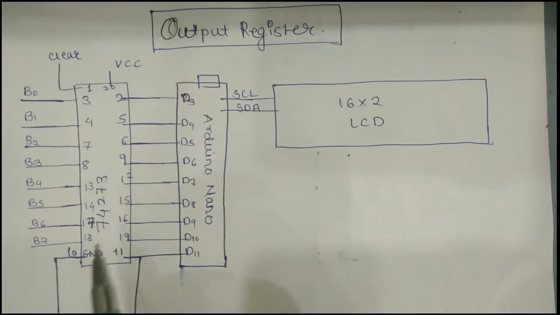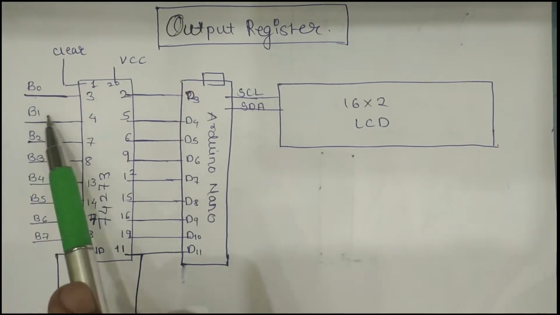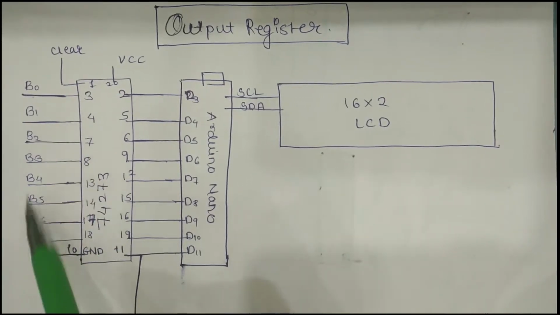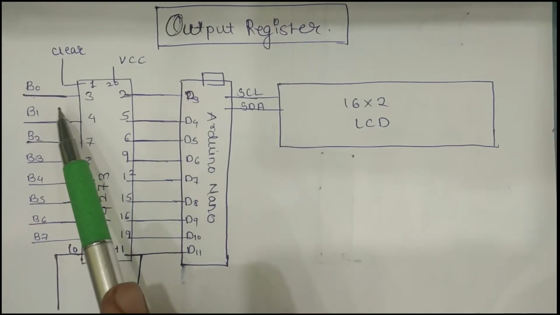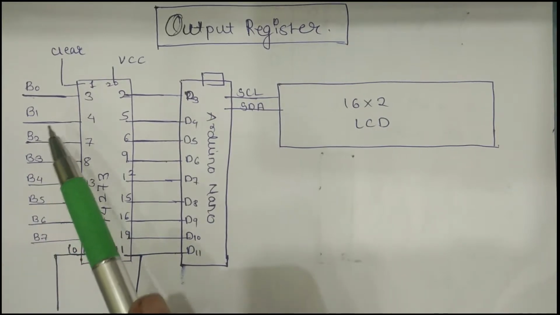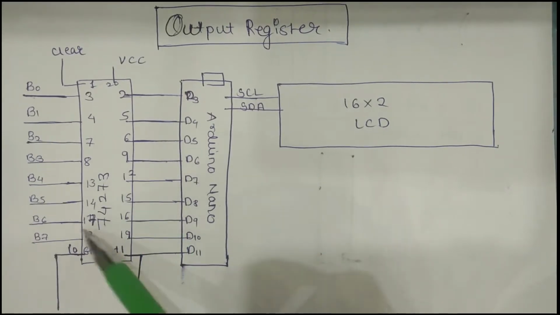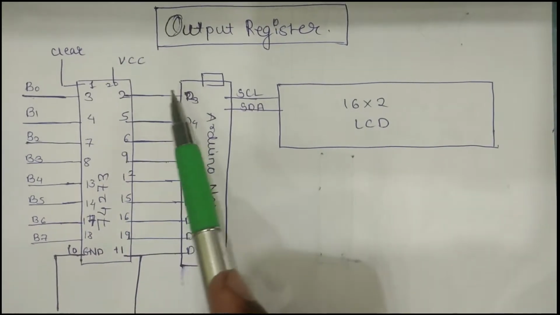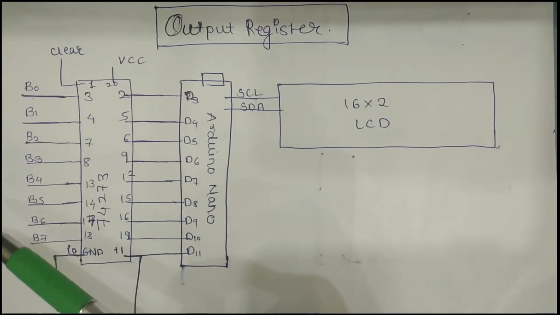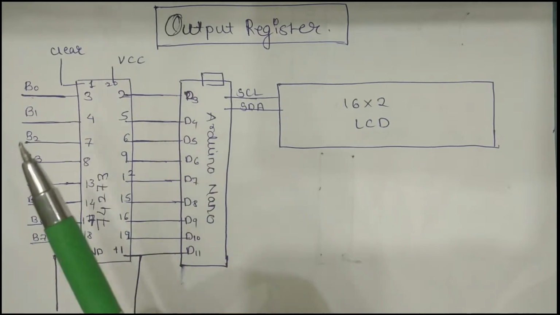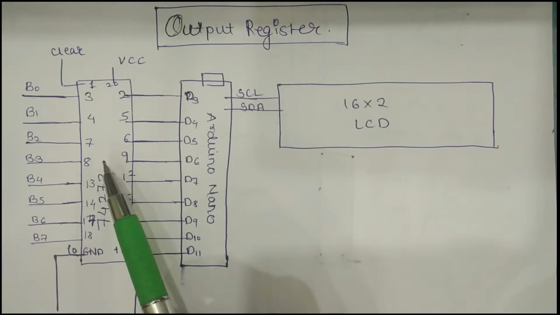So how will we be doing that? First of all, here I have drawn the inputs from the bus. It is B0 to B7. As it is an 8-bit computer, we need an 8-bit output. So B0 to B7 go to the input here, which is a 74273. So what is this? It is an 8-bit D-type flip-flop register. In past videos I used the 74173 while designing the register module.